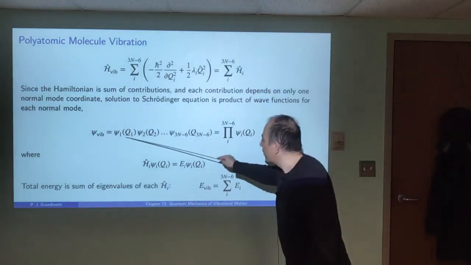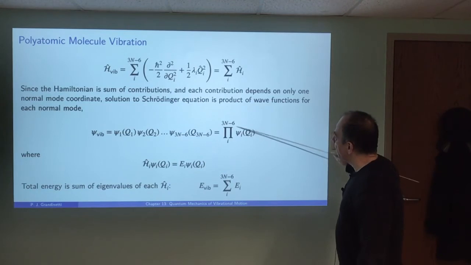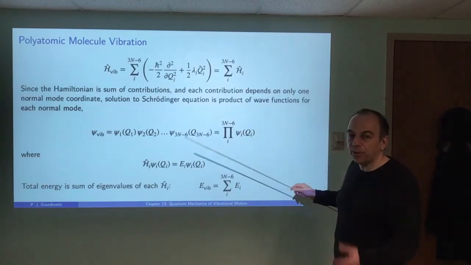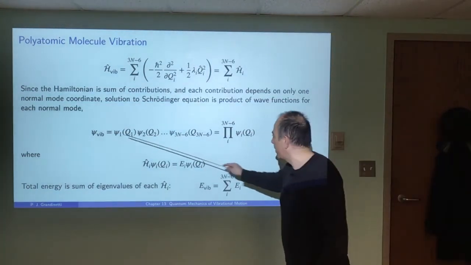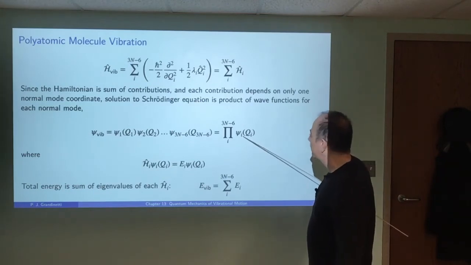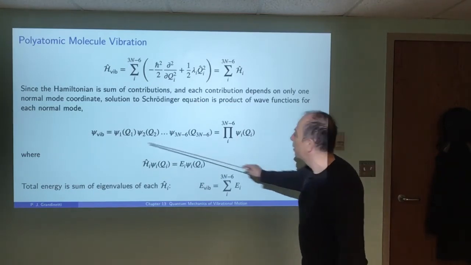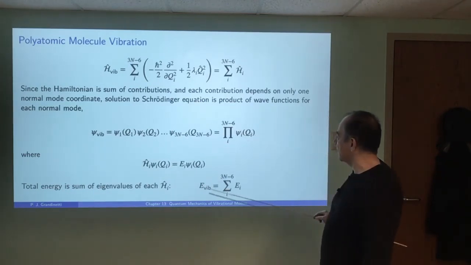I'm going to use this big product symbol here. This capital pi means the product. It means multiply psi 1 times psi 2 times psi 3 all the way up to 3n minus 6.